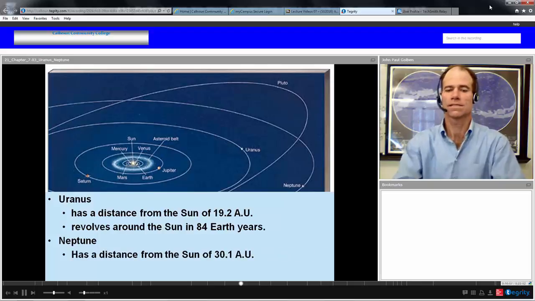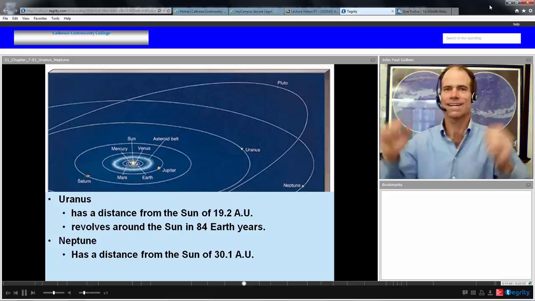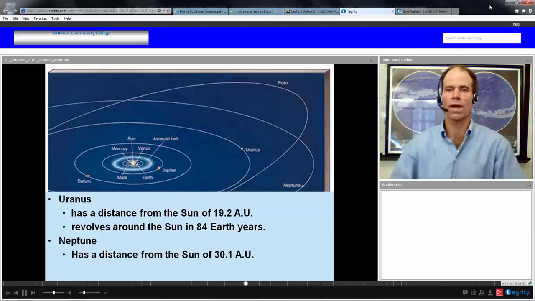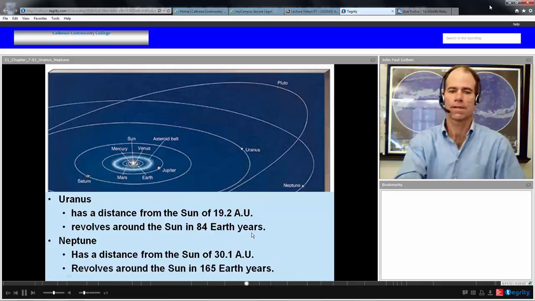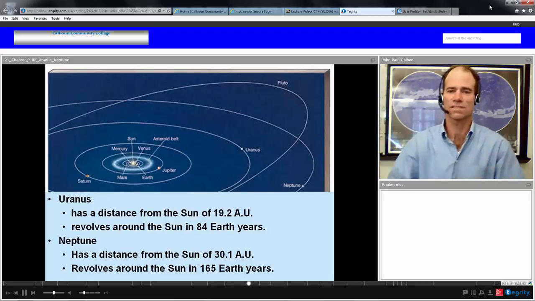Neptune has a distance of 30.1 astronomical units, so Neptune is about as far away from Uranus as Uranus is from Saturn. Another 10 astronomical units, 10 times our distance from the Sun, further away from Uranus. Neptune revolves around the Sun in 165 Earth years, almost twice as long as Uranus.